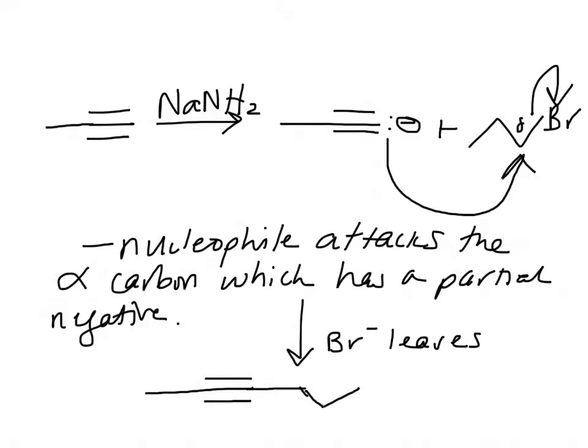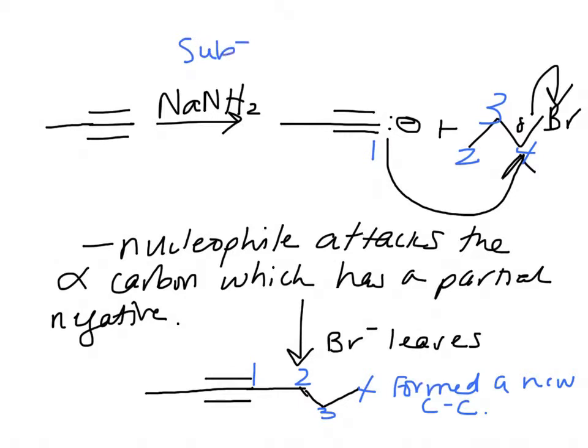And so I'll number just for bookkeeping. 1, 2, 3, 4. We formed a new CC bond. So this was an old reaction, but it is an example of a substitution reaction.